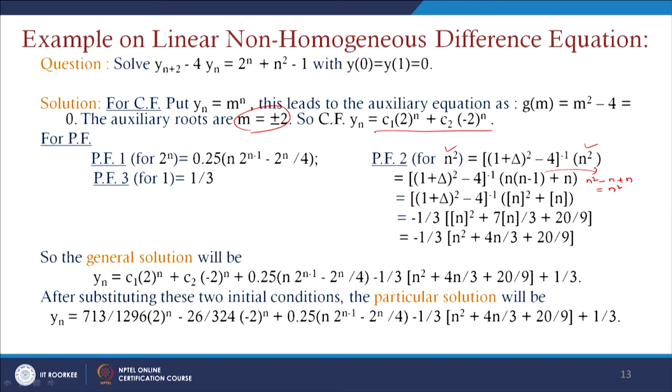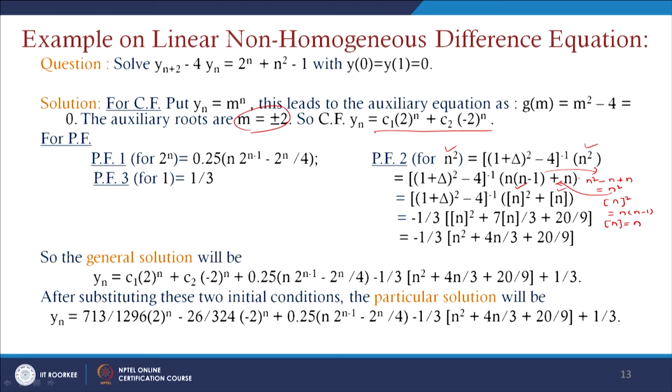In factorial form, factorial n square can be written as n into (n minus 1), and factorial n can be written as n only. So, we can shift this n square value into the form n into (n minus 1) plus n, that is, bracketed n square plus bracketed n here.